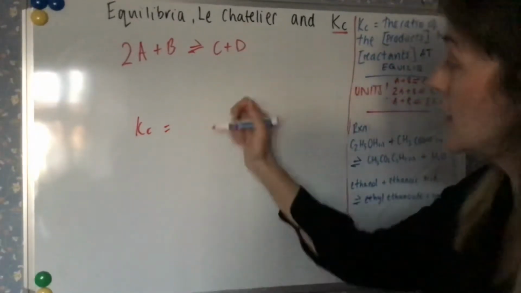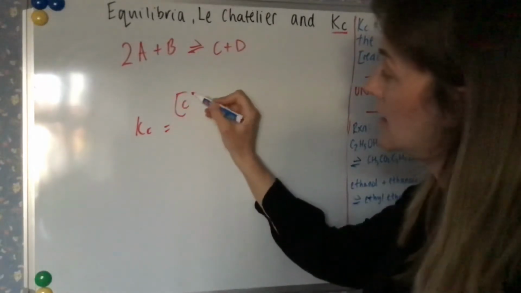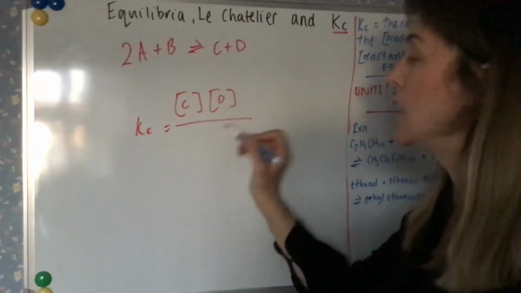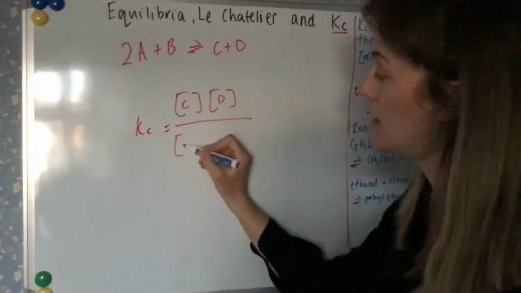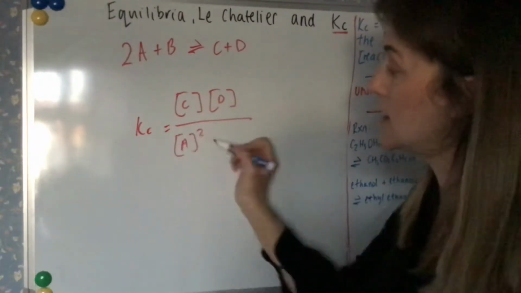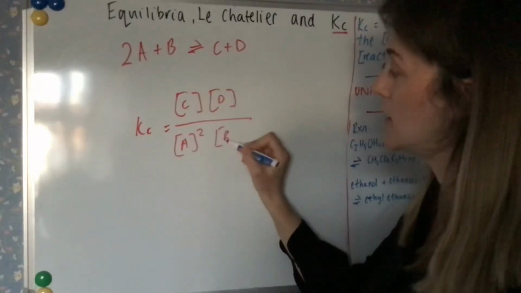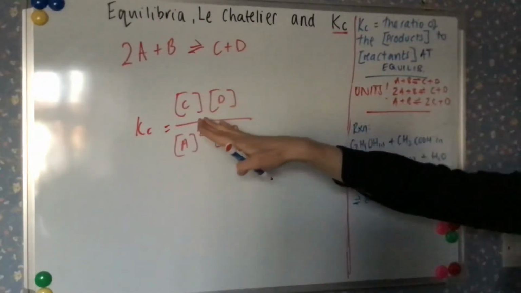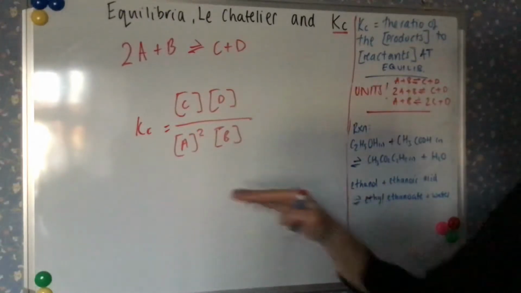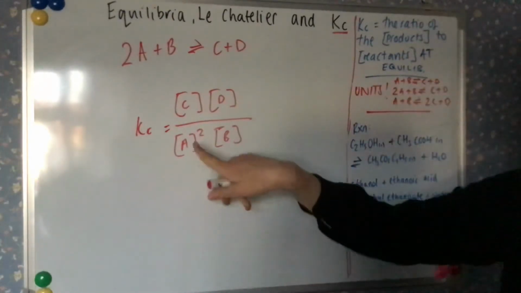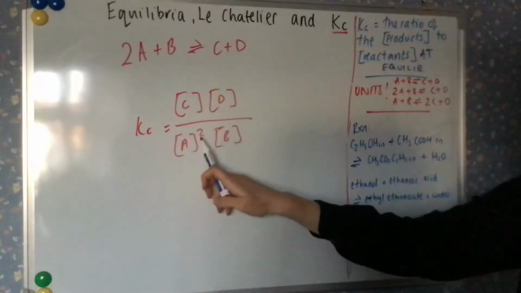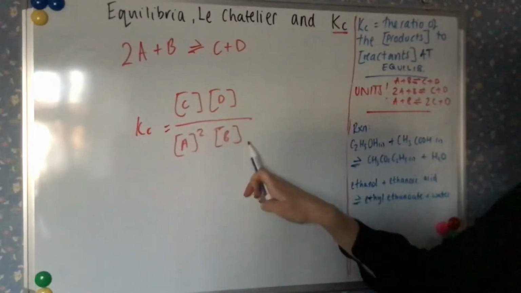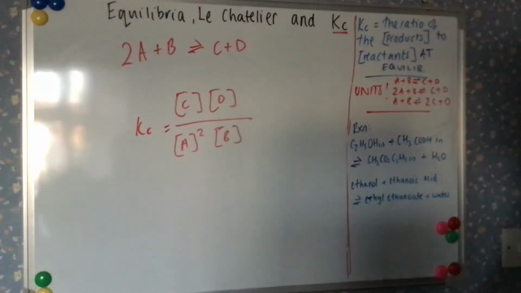Products first, remember. So we've got C times D, not raised to the power of anything, over A squared times B. So the concentration of C times the concentration of D, all over the concentration of A squared, because the molar coefficient becomes the power, times the concentration of B.